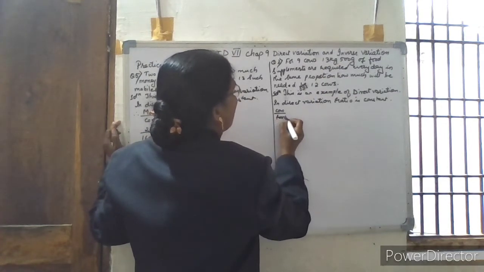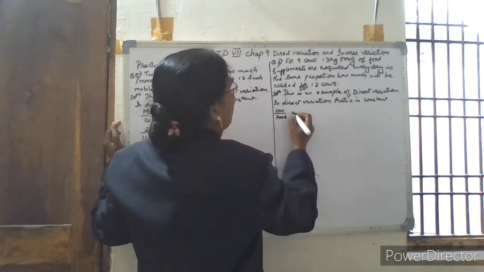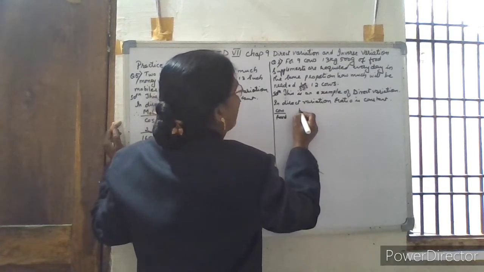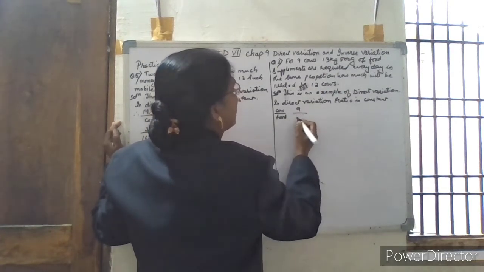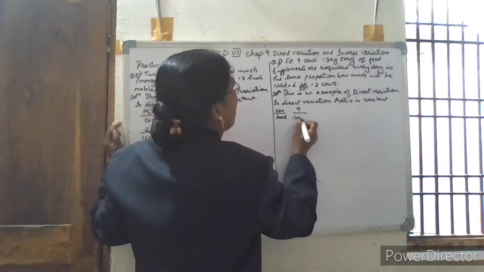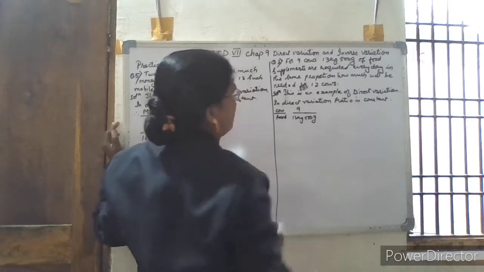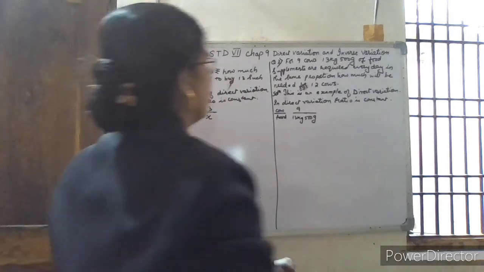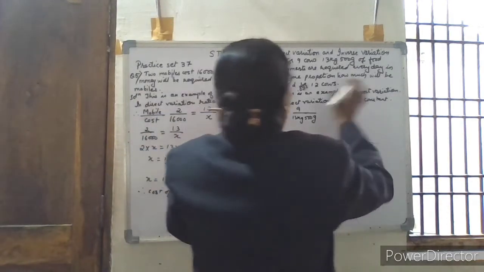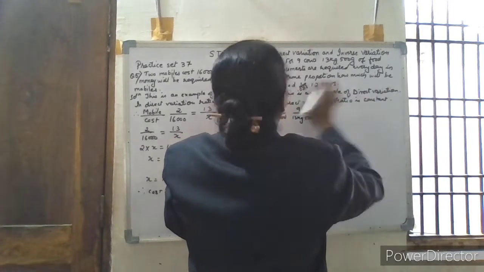So, if for 9 cows 13 kg 500 grams is needed, then in the same proportion how much will be needed for 12 cows?